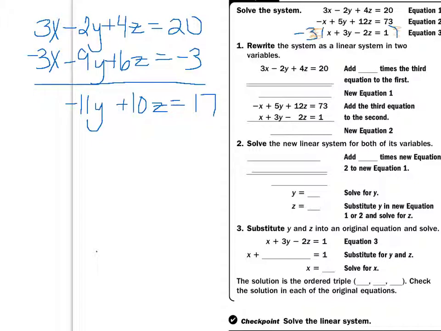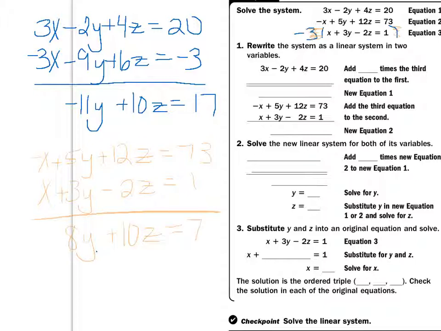If I just add down, I would eliminate the x's. So let's do that. So I'm going to rewrite equation 2. x plus 3y minus 2z equals 1. Okay, I'm going to add down to get 8y plus 10z equals 74.